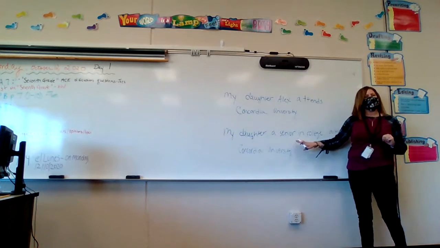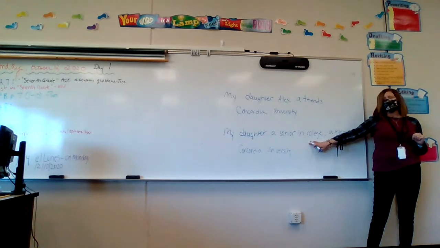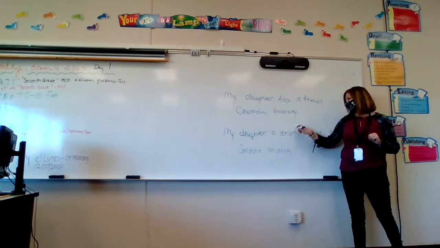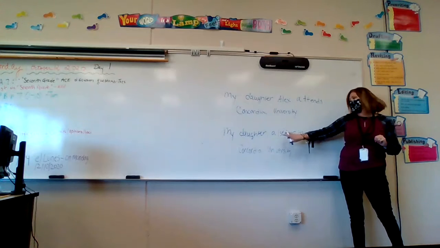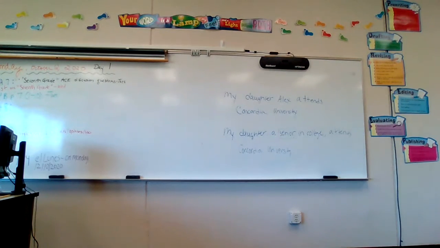What is the appositive in this phrase, a senior in college? Senior. This is the main noun that's identifying this noun. So an appositive is a noun. And then in college would be the modifier? That's a prepositional phrase, right? In college.